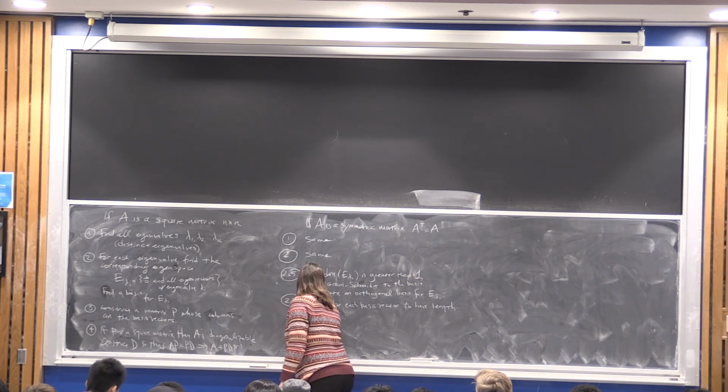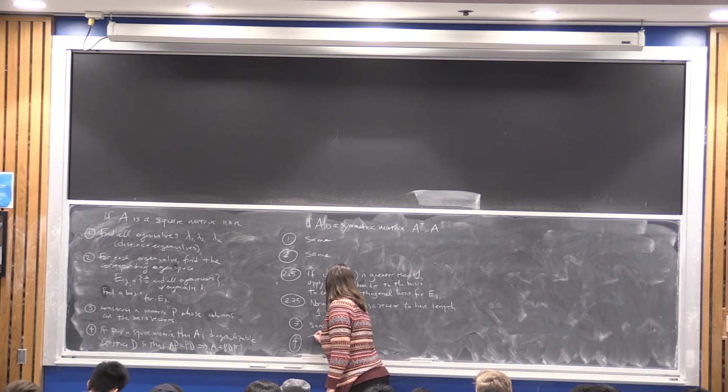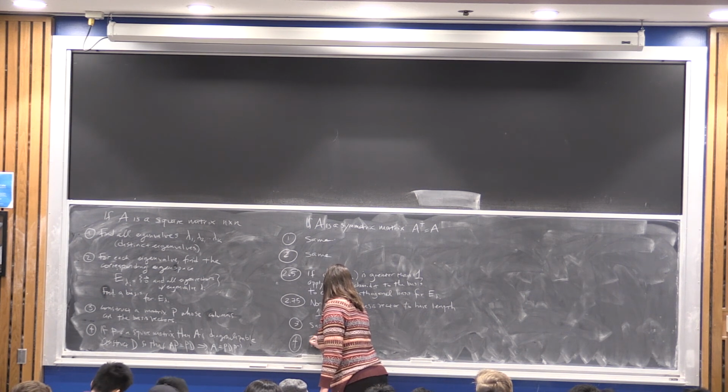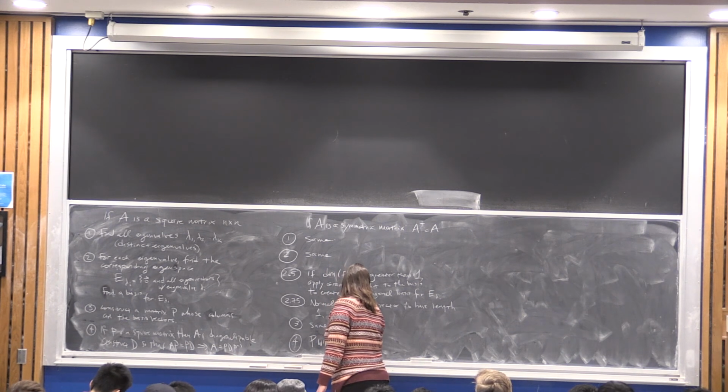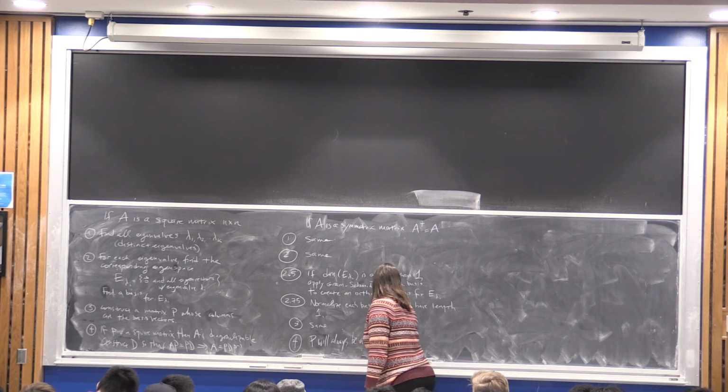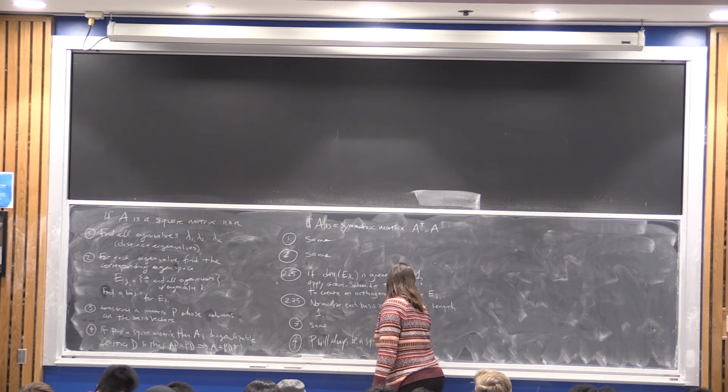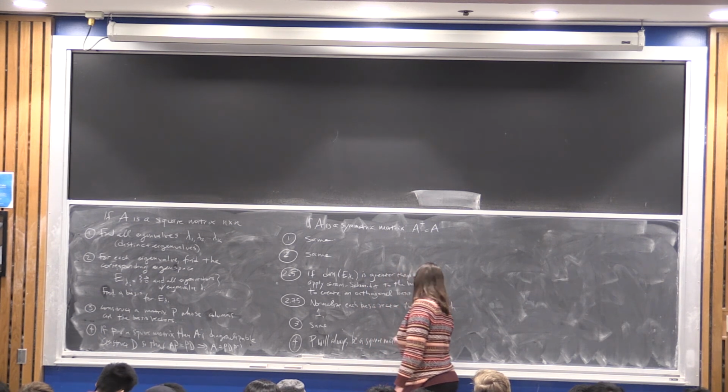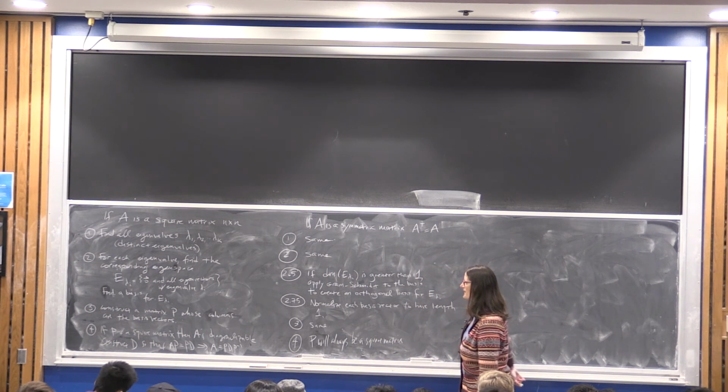Step 4, P will always be a square matrix. So for a symmetric matrix, you will always have enough eigenvectors. I won't prove that. It's in the book. I don't recommend studying the proof unless you've mastered everything else.